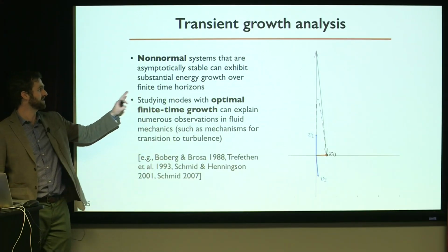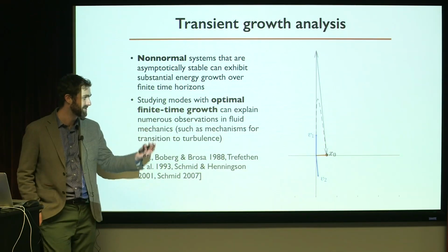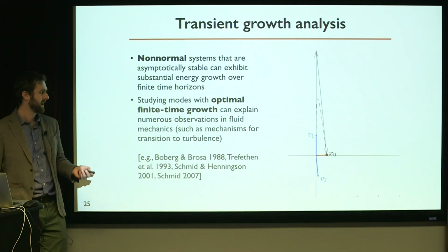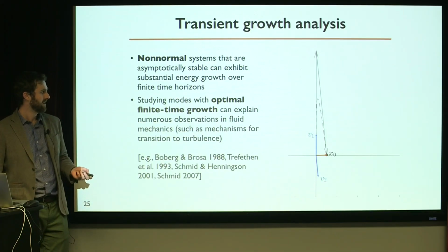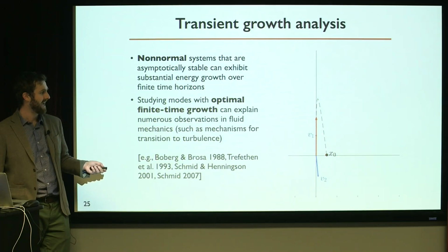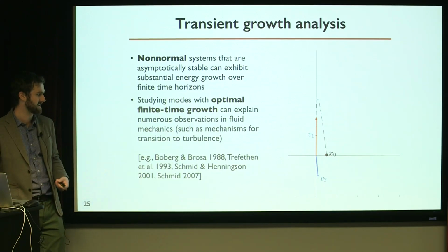However, if your underlying operator, so your A matrix, if you've looked at dynamics and controls, is non-normal, then what you can see is that your system can amplify or can grow in energy in time before ultimately decaying.